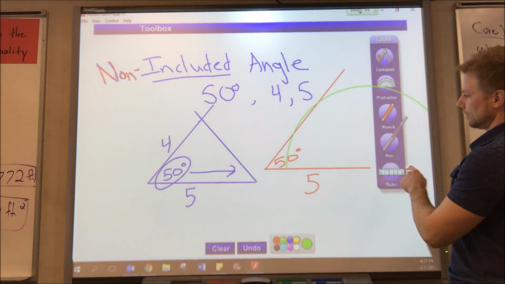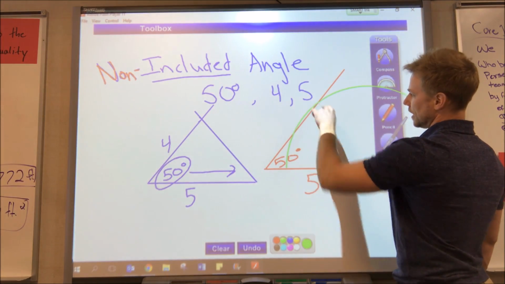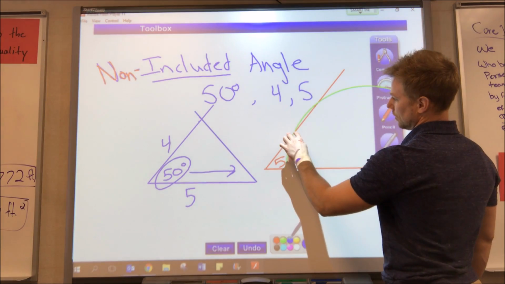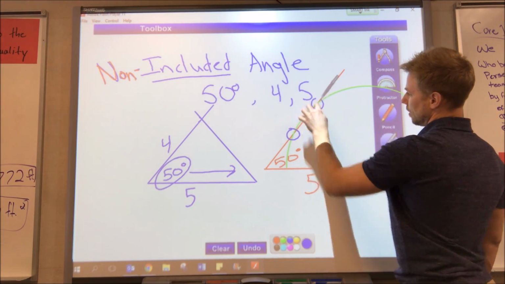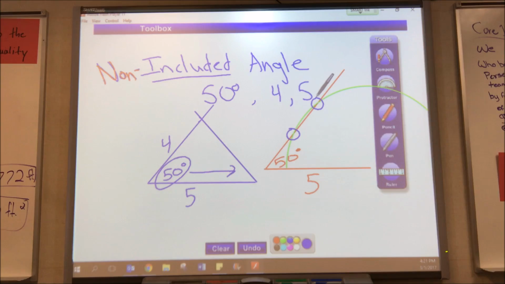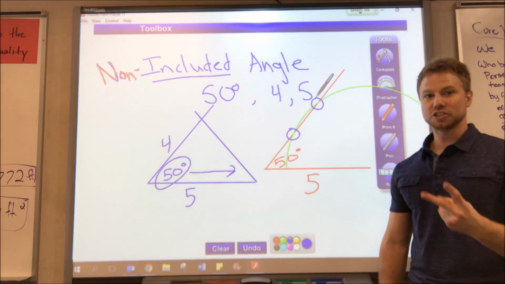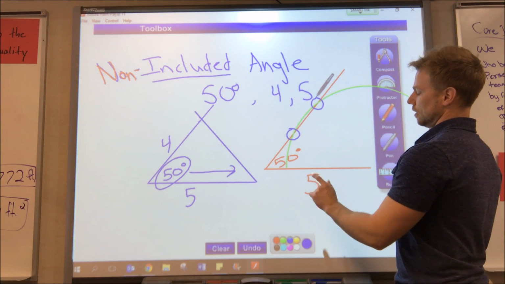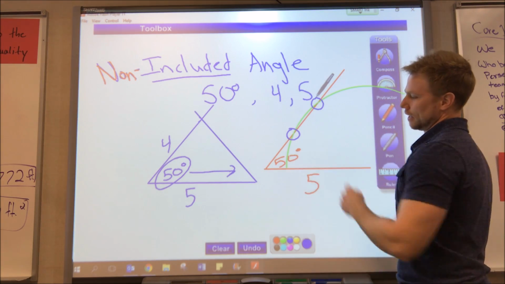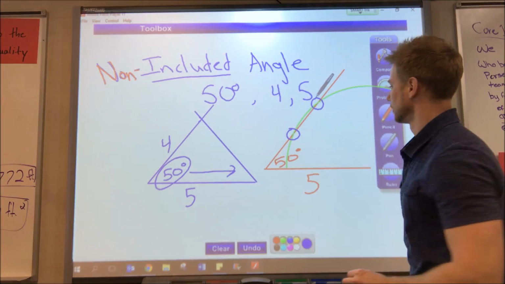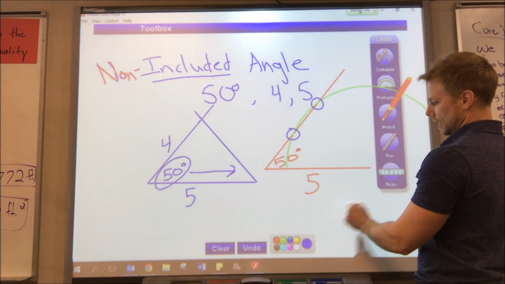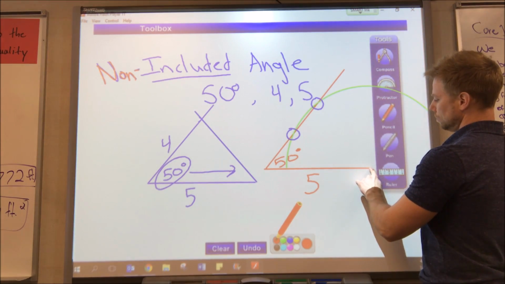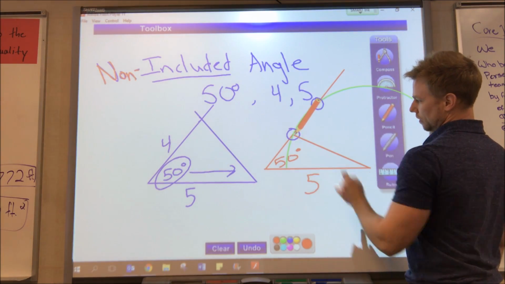You'll notice it intersects the side in 2 places. There's a point of intersection here and a point of intersection there. That means I can actually make 2 triangles with these conditions. A side length of 4 and 5 and a non-included angle of 50. I can draw a line from the end point to this point of intersection.